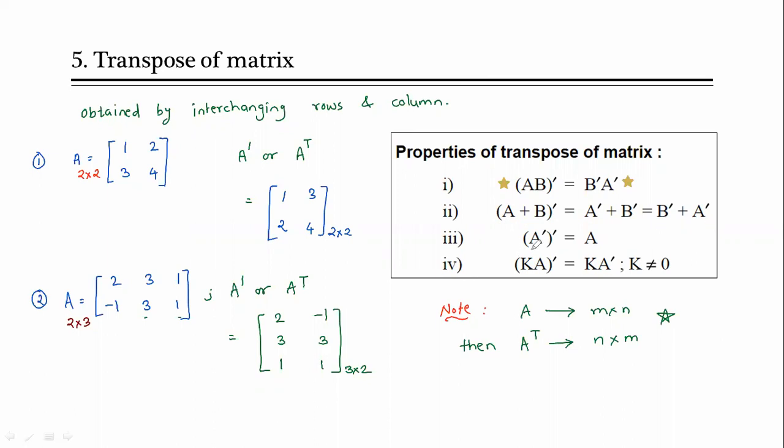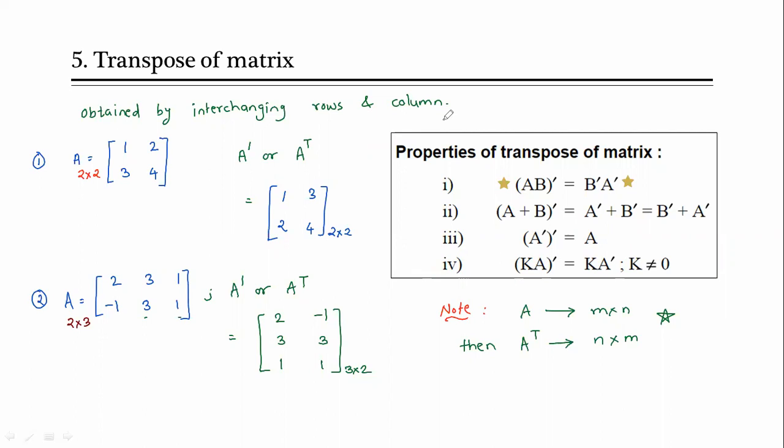Okay, then the transpose of A transpose is nothing but A. Sometimes these statements are asked. Suppose matrix A is given and it is asked to prove that the transpose of A transpose is A. So sometimes you will get such a question. And this is another property, (K into A) transpose, where K is a scalar, is equal to K into A transpose. So these properties you should remember and note down.